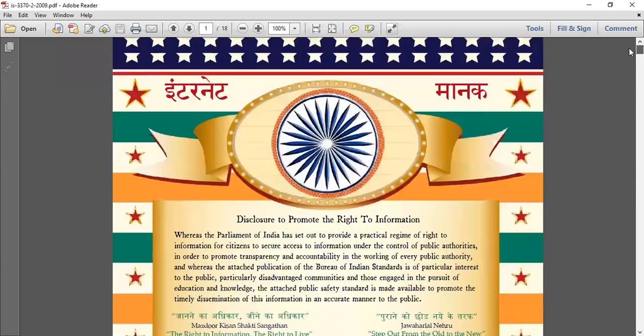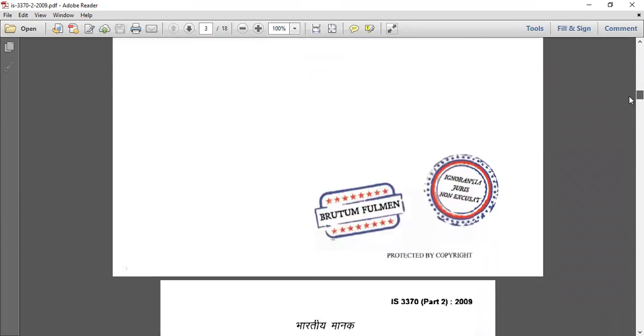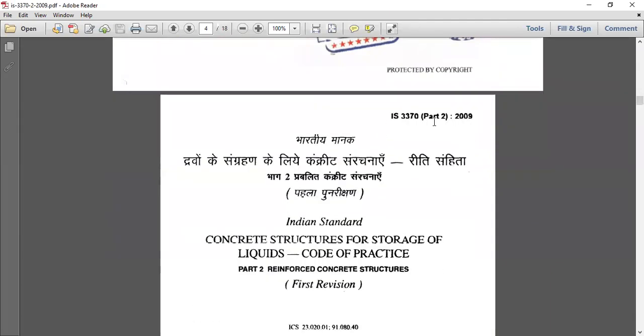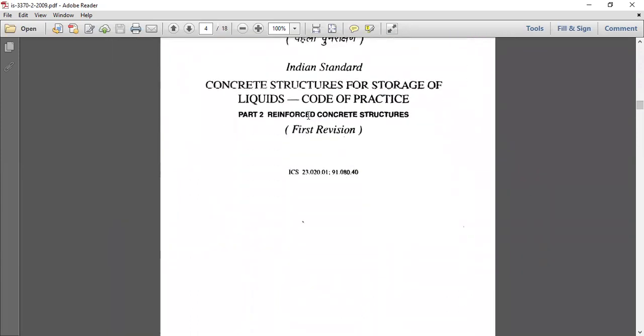So this is the IS code 3370 part 2. Here you can see IS 3370 part 2, 2009. This is the latest version. This deals with concrete structures for storage of liquids, code of practice, reinforced concrete structures. So here you can see part 2 is reinforced concrete structures.